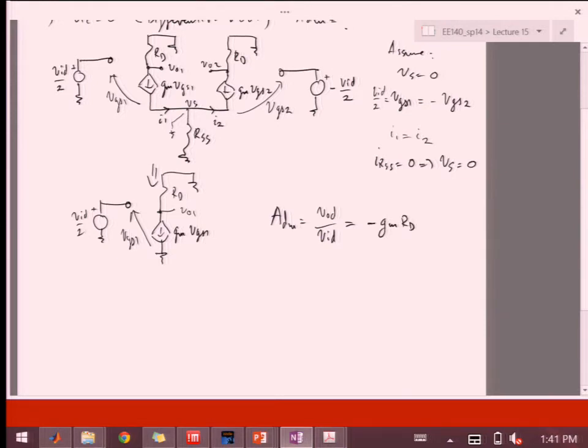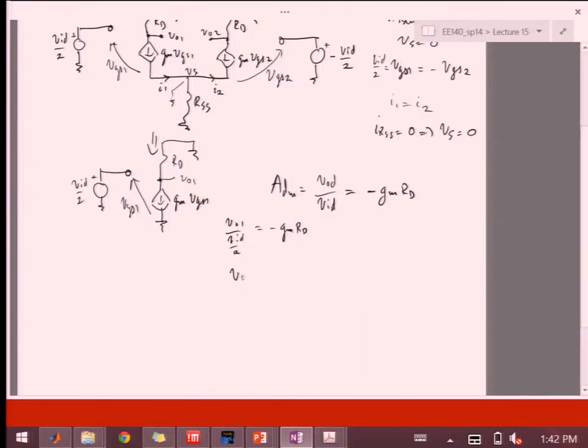Notice that I've skipped a step here. From this circuit, we can only figure out what is VO1 over VID over 2, which is minus GMRD. But then VO1 is only a half of VOD, because VOD is really a difference of VO1 and VO2. So VO2 over minus VID over 2 would similarly be minus GMRD.